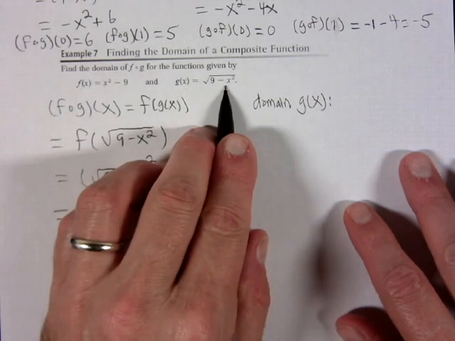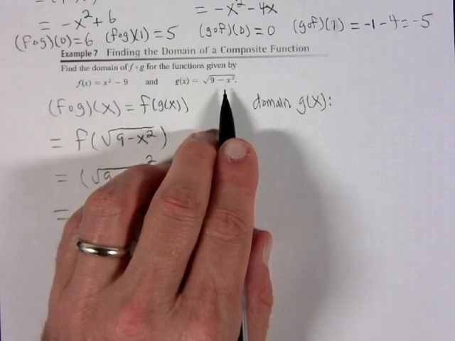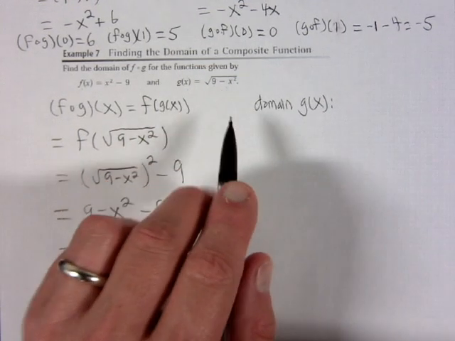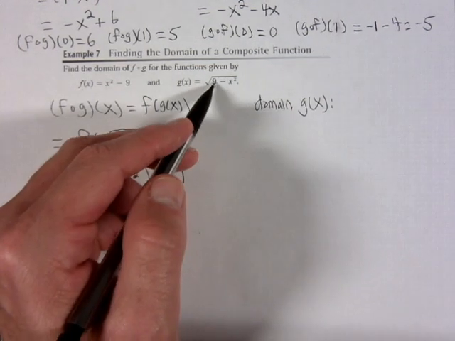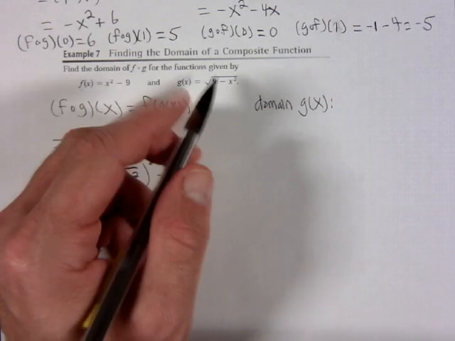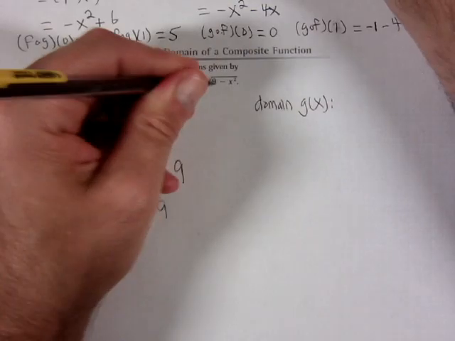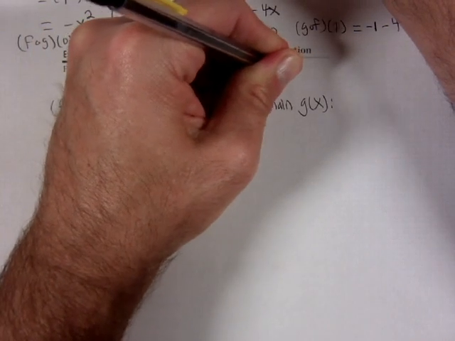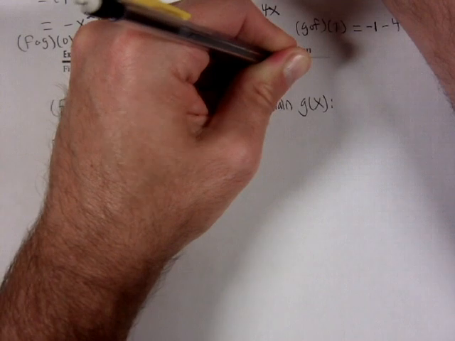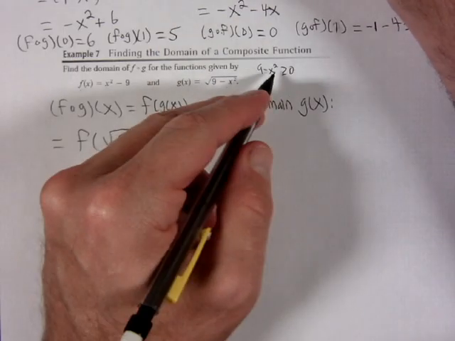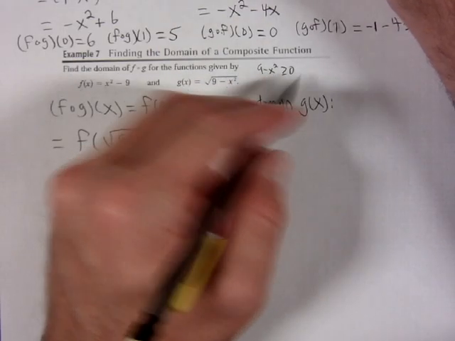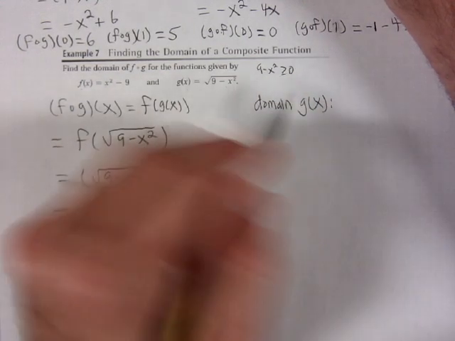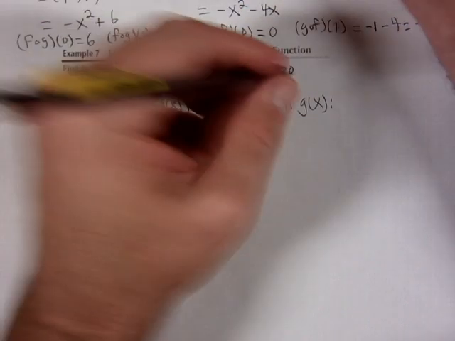Well, remember, we've got a square root. We can't take the square root of any kind of a negative number here, right? And so what that means is, when you're looking at this, I have to make sure that 9 minus x squared is greater than or equal to 0. And so when I go and solve that, I can move this over here to the other side.